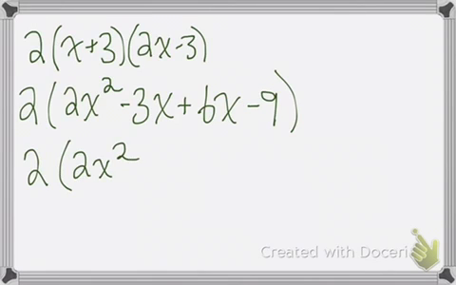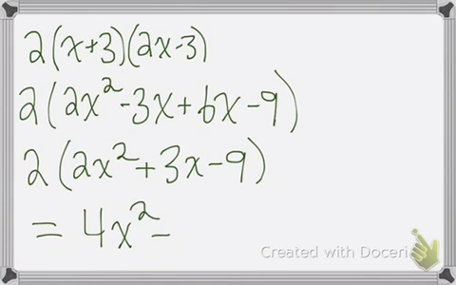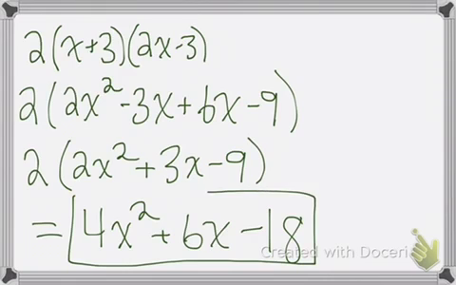So we've got 2x squared plus 3x minus 9. And the total of those two faces is going to be 4x squared plus 6x minus 18. Okay, so that is one of 3 parts of this problem. This is going to be 2 of the faces. We need a product that represents the other 2 faces, and then another product that represents the other 2 faces.